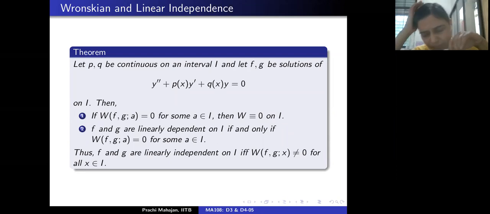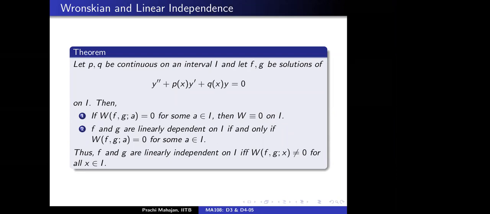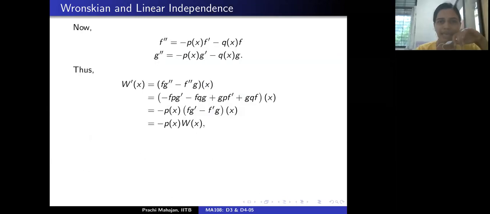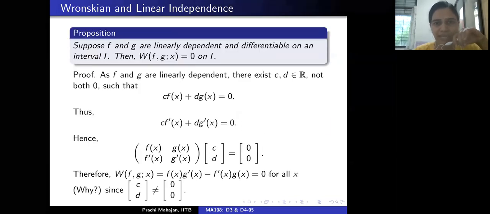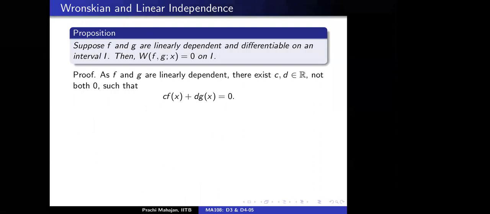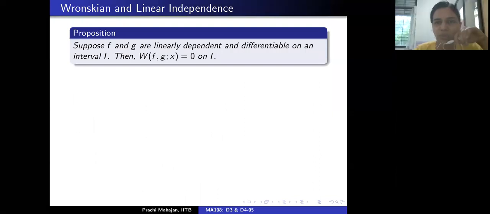Over here we are writing if and only if, but at the very start you showed something different. So you're pointing to this proposition, right? In this proposition, f and g are any two linearly dependent functions.